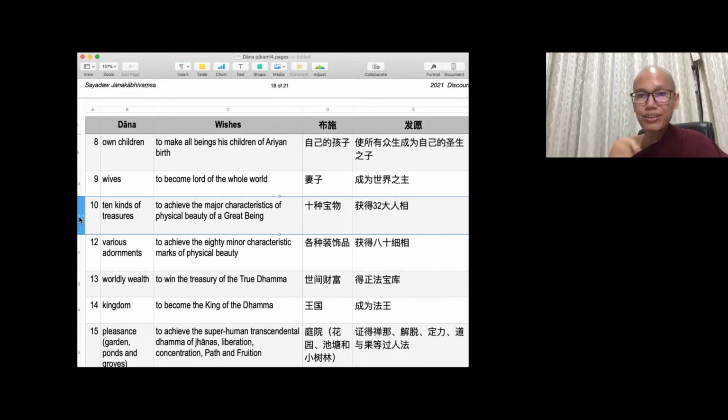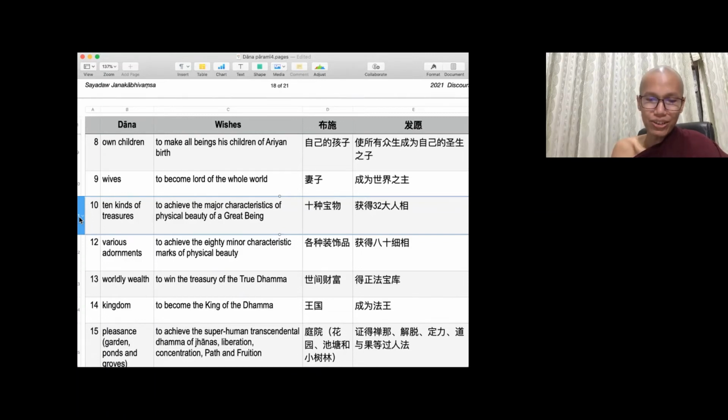Major characteristics means, for example, on the Buddha's forehead there is one hair, very long, very white, curling to the right. The Bodhisattva's forehead is golden colored, and the hair is white. It is a kind of decoration you may see in the Buddha's statue.